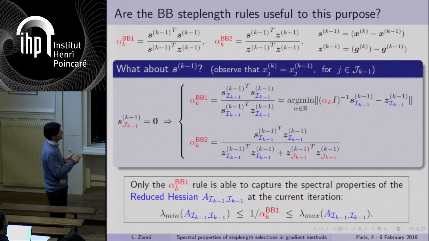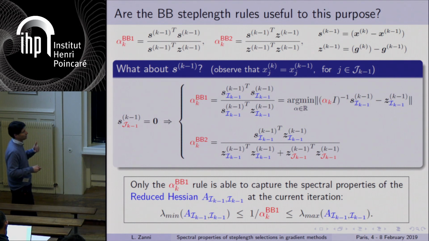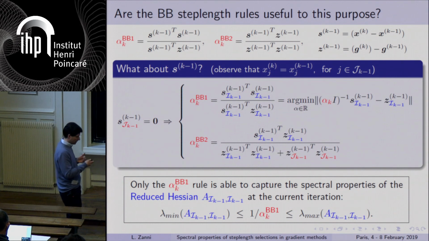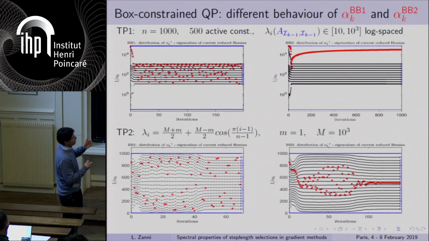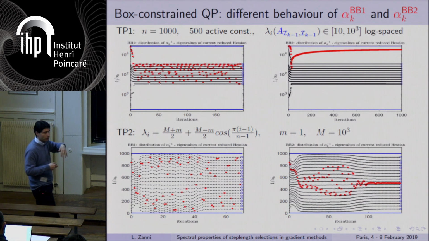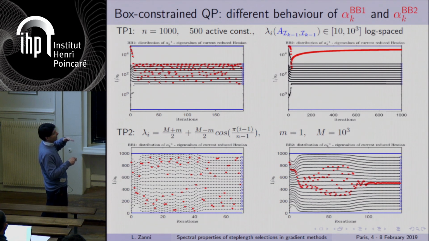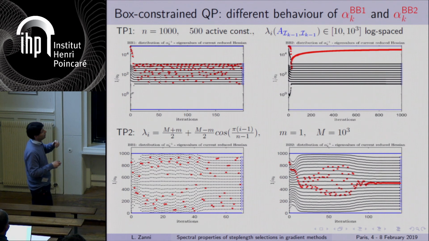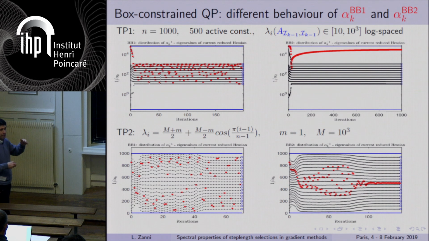The first rule seems to preserve some kind of spectral property. The second rule is not able to do this. Okay? And when you try to solve some test problems with the two different rules, you find that the first rule is able to sweep within the spectrum of the reduced Hessian matrix, while the second rule is not able to perform an effective sweeping within the spectrum of the reduced Hessian matrix.